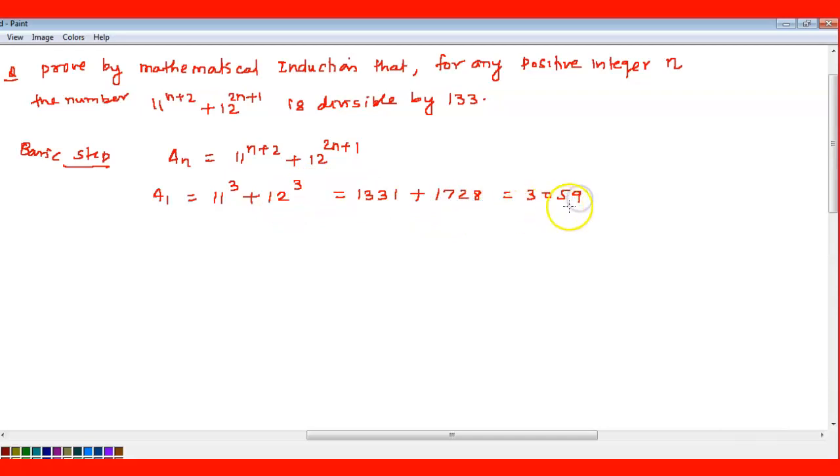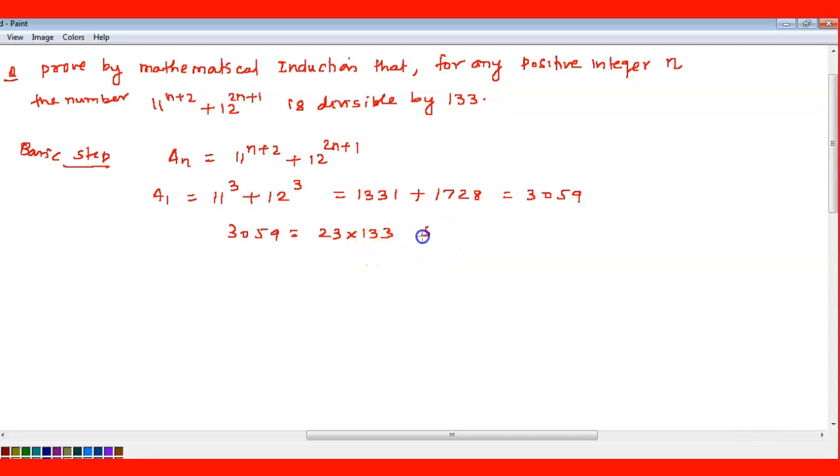Which is 3059. And 3059 is divisible by 133. If you check here, 3059, we can write it as 23 times 133. So it's coming as a multiple, so the remainder is 0. So this 3059 is divisible by 133.